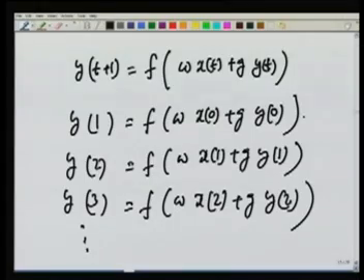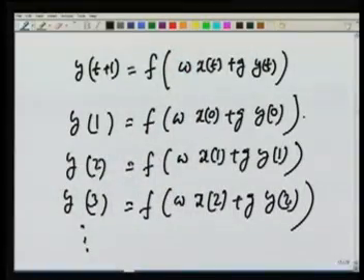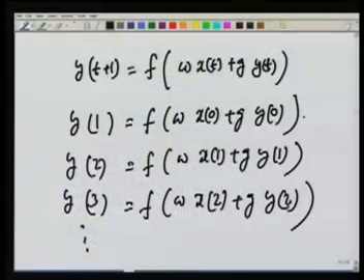So, how do we construct a feed forward network looking at these equations? In my network, I create a node. In every node, I compute y 1 as a function of x naught and y naught, y 2 as a function of x 1 and y 1, and y 3 as a function of x 2 and y 2.